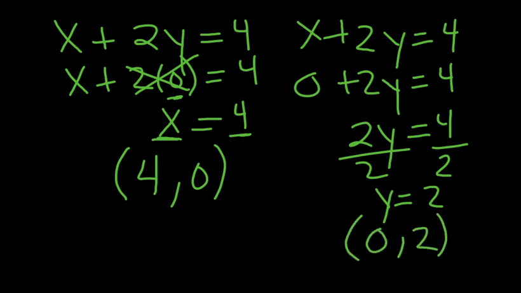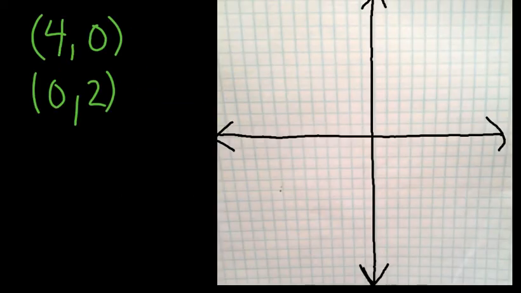How do I know it's 0, 2? Y is 2. Y is always here. Plus we put 0 in for x. Now we have 2 points. All we have to do is graph those 2 points and draw our line. Easy. Okay, 4, 0 and 0, 2. Well, 0, 2 is right there.